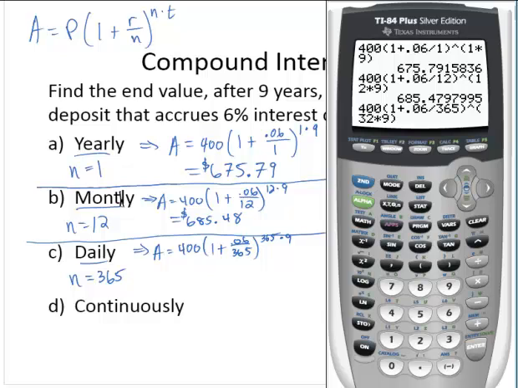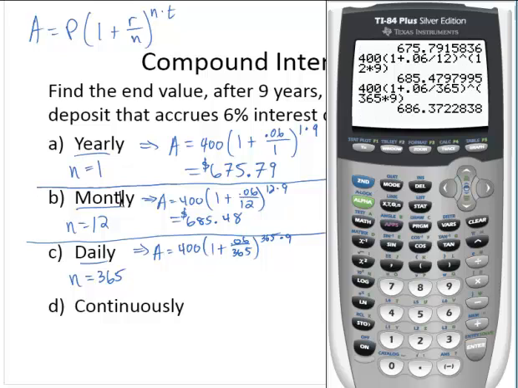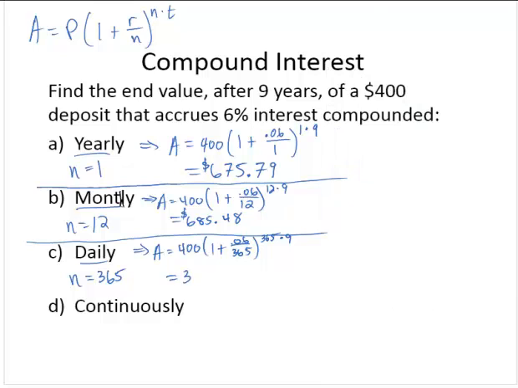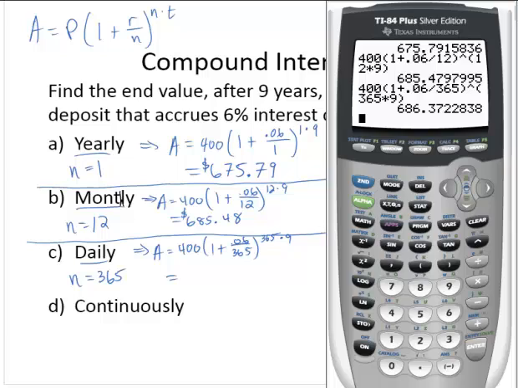Overwrite with a 3, 6, and insert the 5. Sorry, I forgot the number, $686.37.